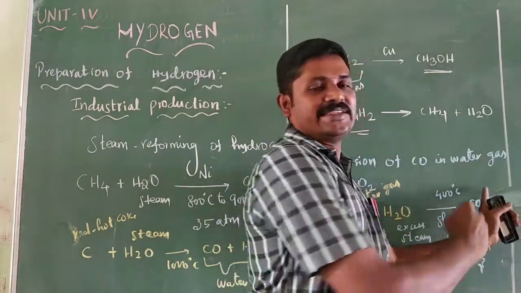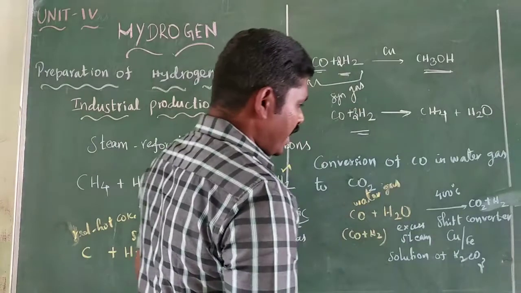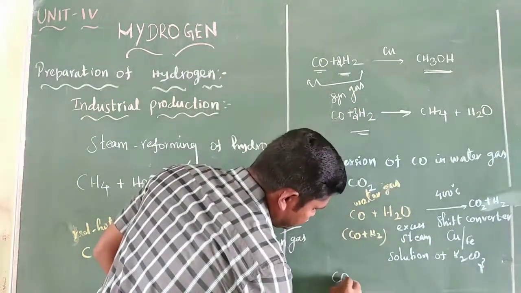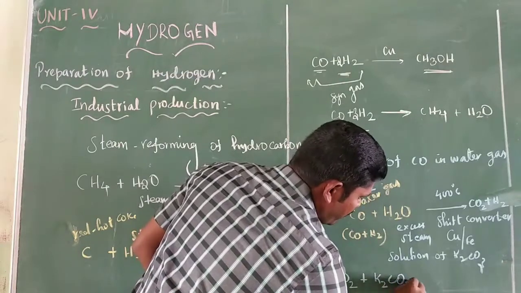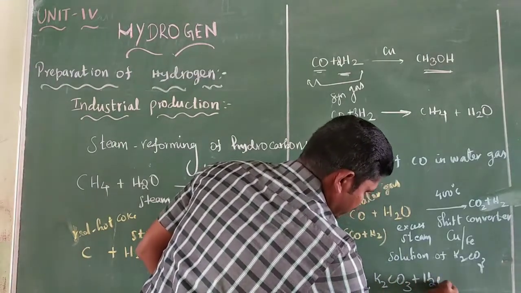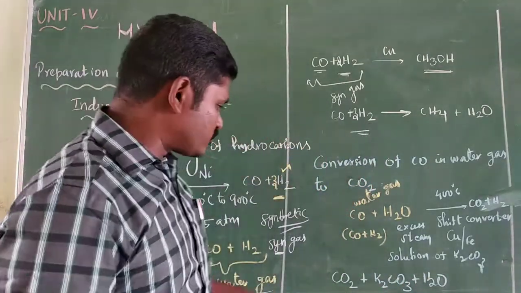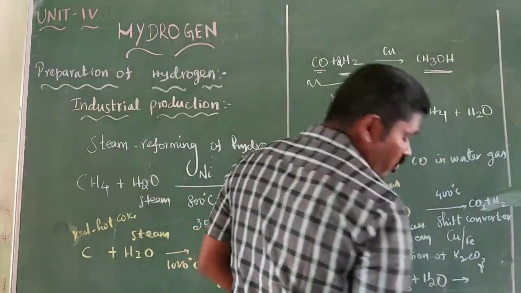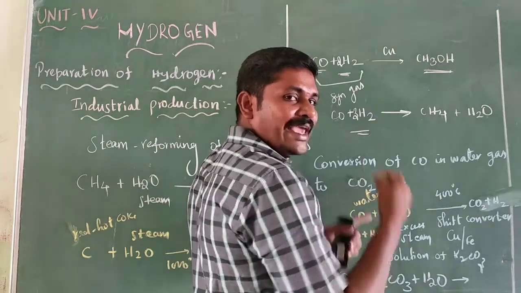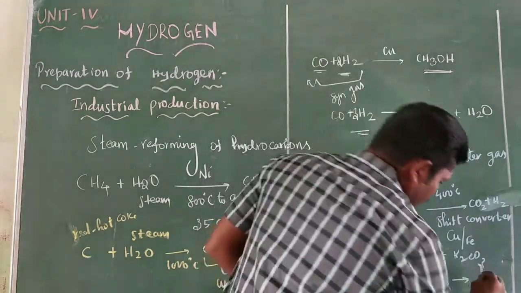The hydrogen gas is separated. You write, the carbon dioxide reacts with the potassium carbonate solution and is converted into potassium bicarbonate salt.